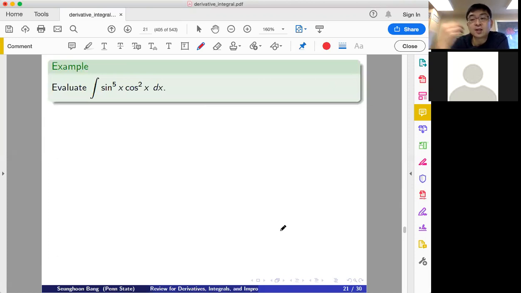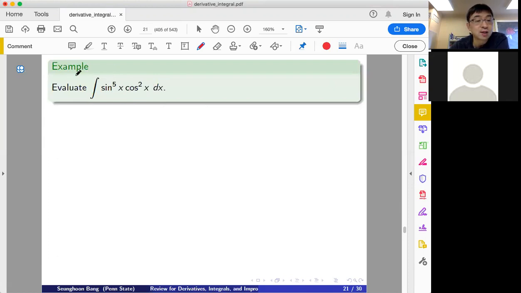Trig sub is used for the constant minus x squared form, the constant plus x squared form, or the x squared minus constant form. In this case, we usually use substitution here.